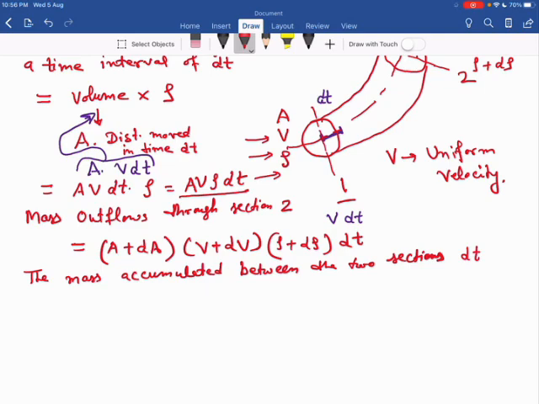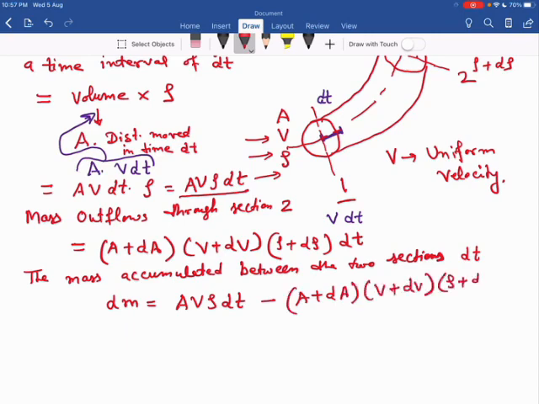We write that as dm, which is equal to mass entry minus mass outflow. So mass entry is A V rho dt minus the mass outflow, A plus dA into V plus dV into rho plus d rho into dt.